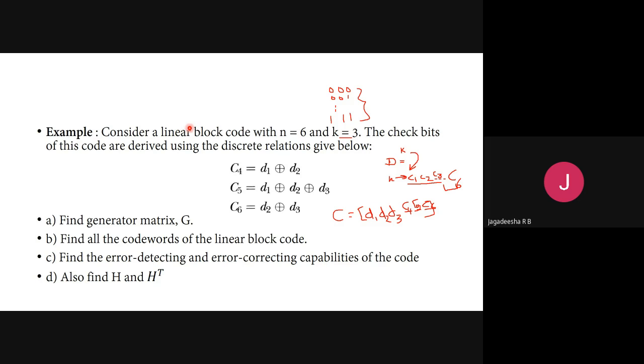One is a linear property it exhibits. Secondly, it considers the data as blocks of bits. For example, (n, k): we consider 3 bits at a time, convert it into 6 bits or 7 bits. Next 3 bits, again convert it into encoding. So it has both. So it's a linear block code.